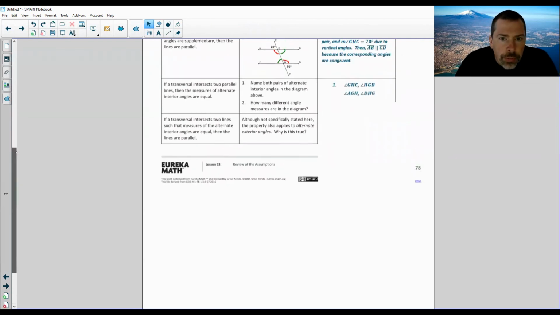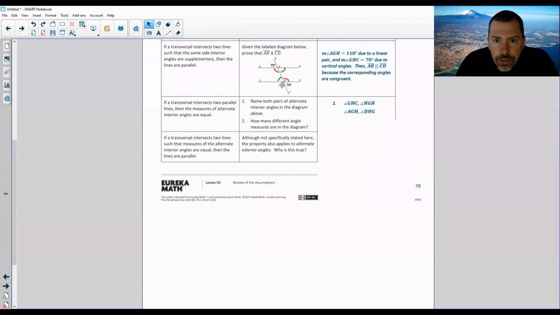Angle CHG, or GHC. So they went from here to here to here, this green angle. And angle HGB. So that's the green ones. Angle AGH, angle DHG, the red.